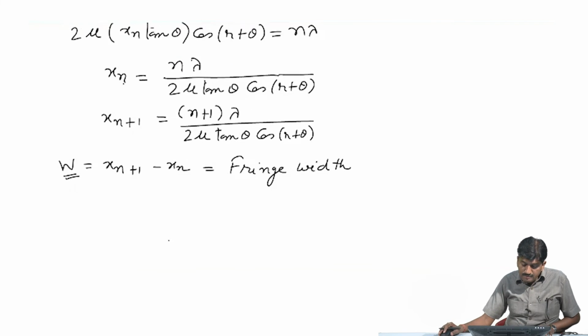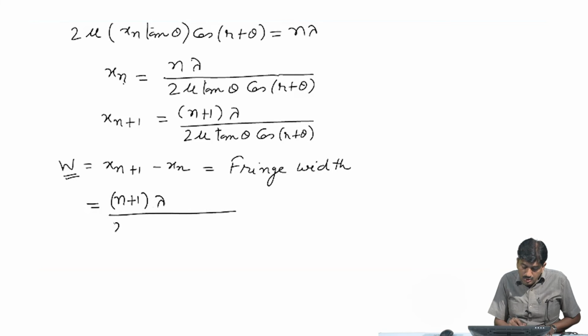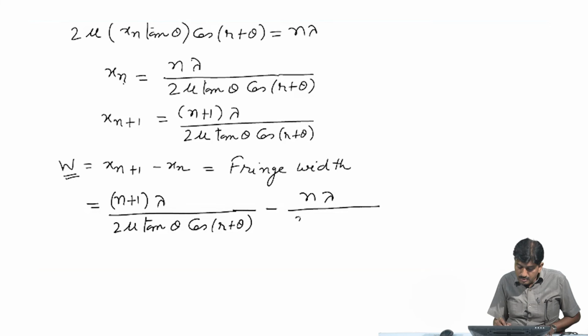And we can write xn plus 1 means (n plus 1) lambda upon 2 mu tan theta cos(r plus theta) minus n lambda upon 2 mu tan theta cos(r plus theta).